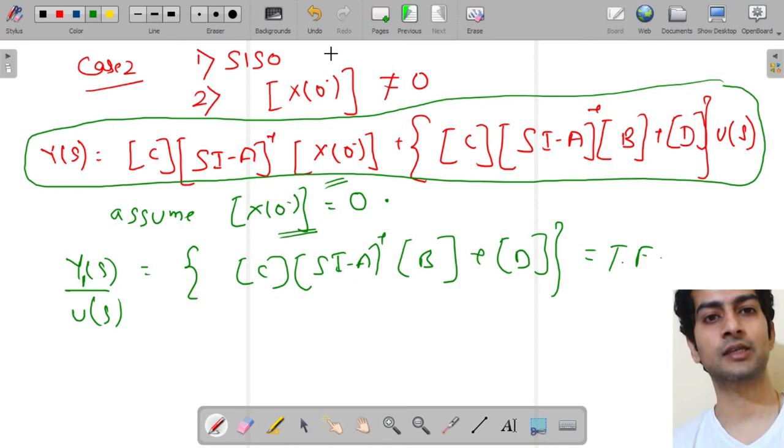If MIMO is there, there is no chance of calculating the transfer function, whether we have a 0 initial condition or not. But for a SISO system, if the initial condition is not 0, then we can calculate the transfer function by assuming it's 0, but we cannot calculate output from it, because the expression of output is this, where we have to assume the initial condition is not 0.